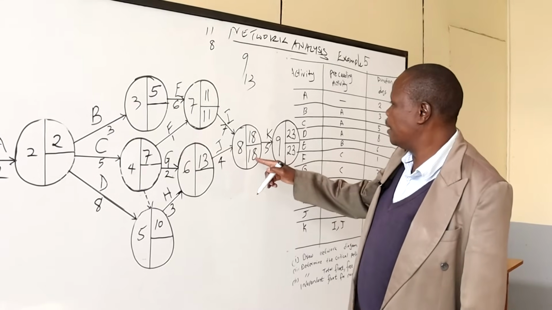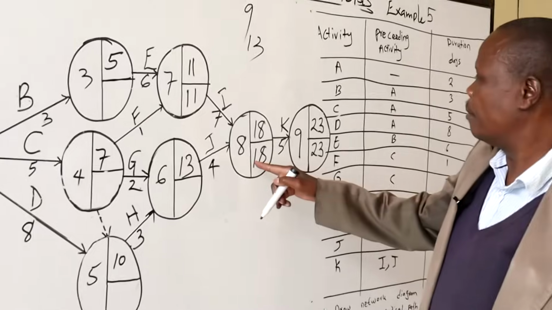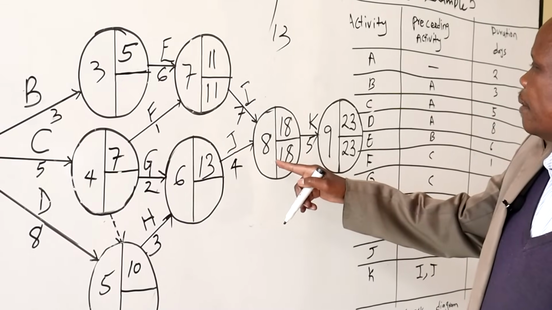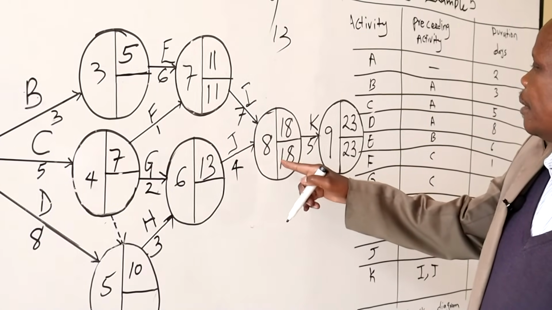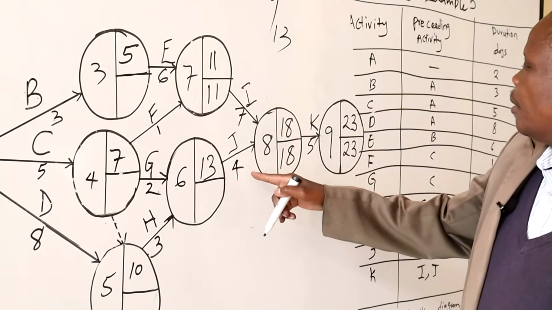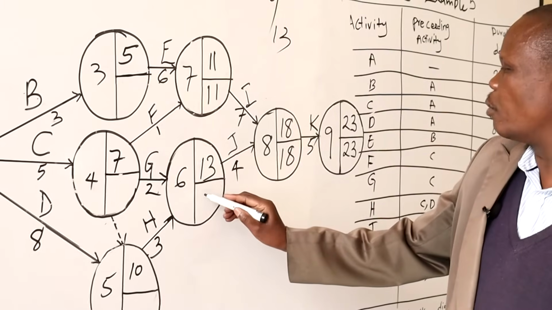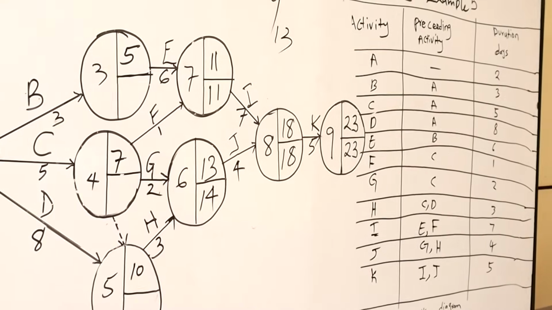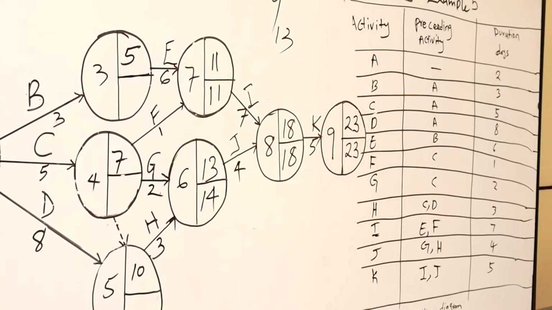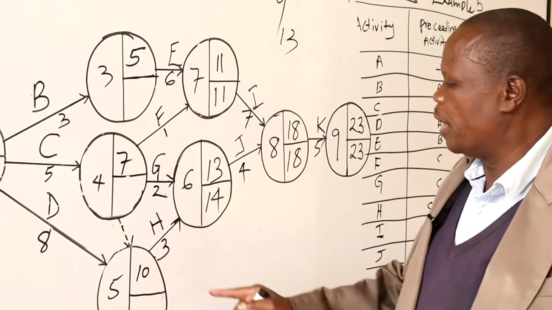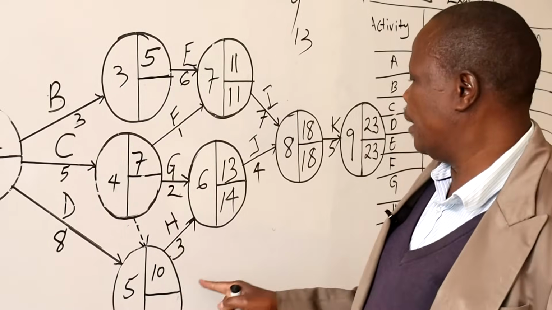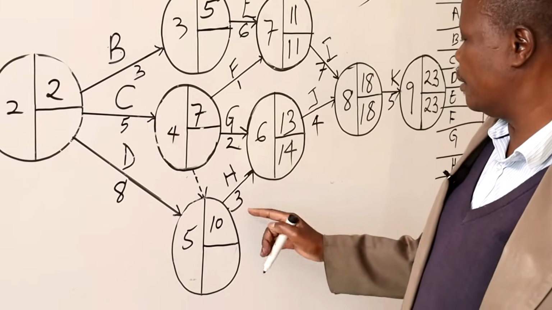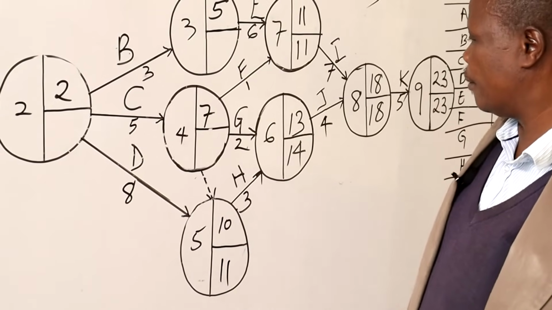Then 18 minus 4, that is what? That is 14. We are here. 14 minus 3, that is 11.